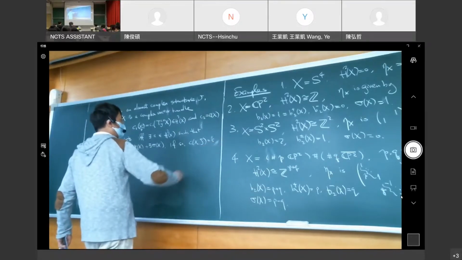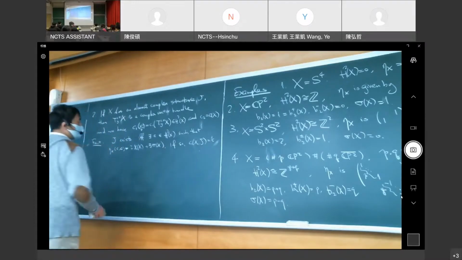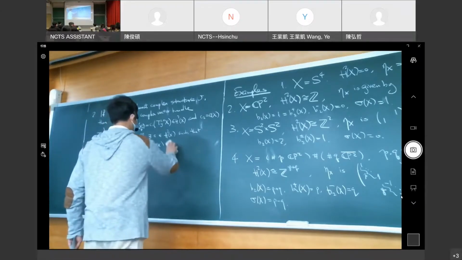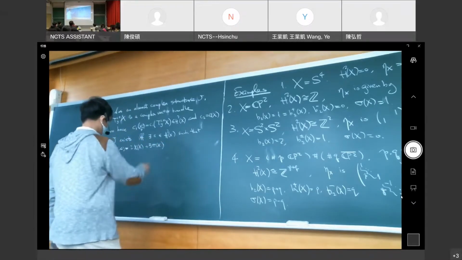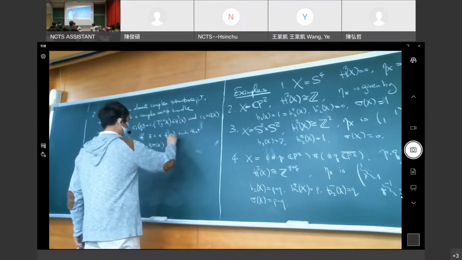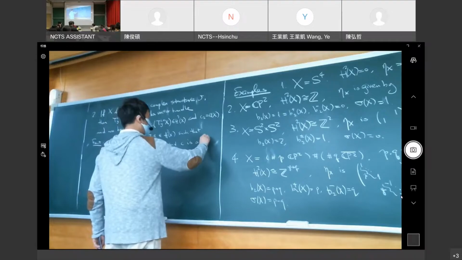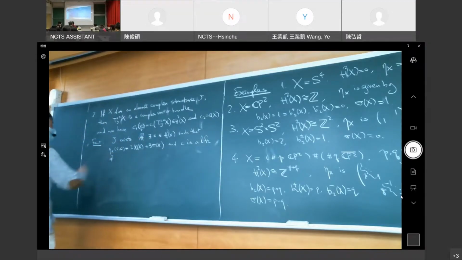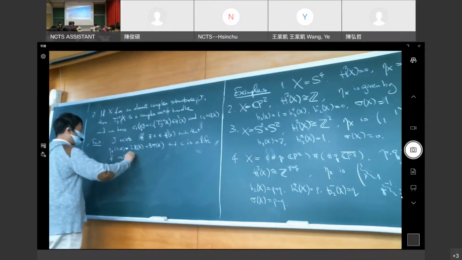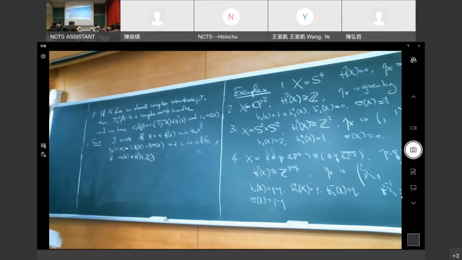And moreover, there's another condition. So this equality holds, and also this C is a lift of the second Stiefel-Whitney class in the Z2 cohomology.